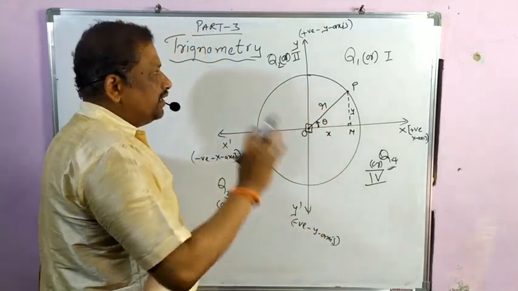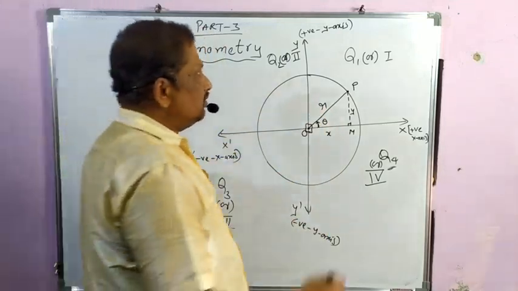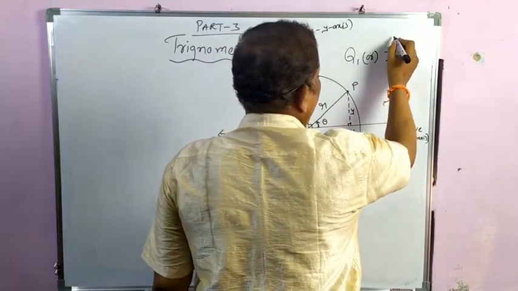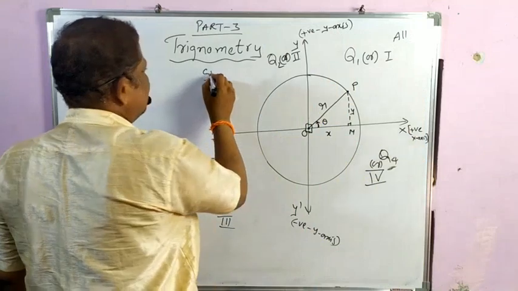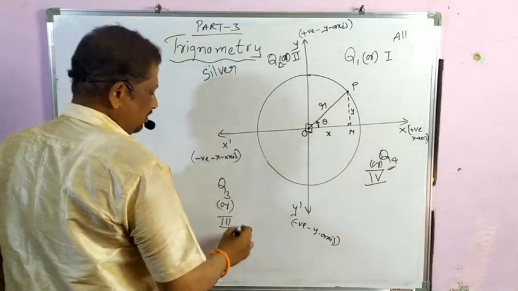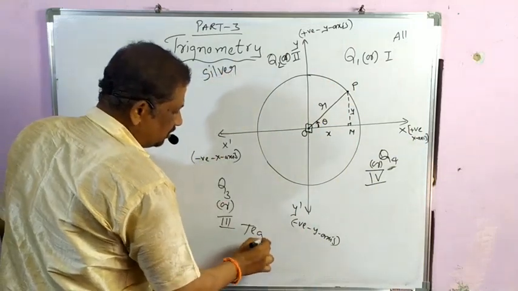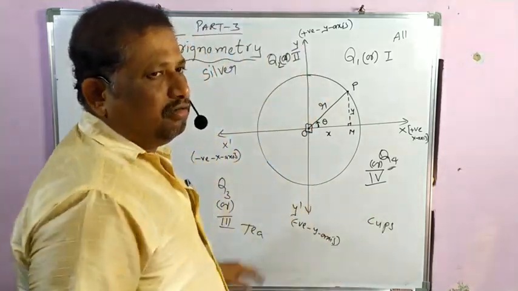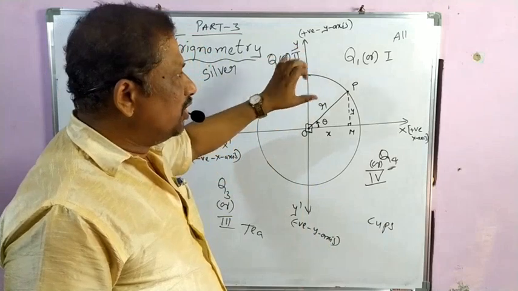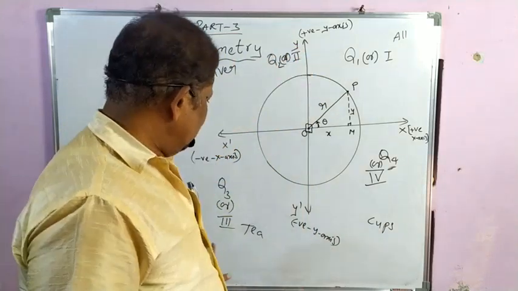Okay. So for all trigonometric ratios, you should remember this formula: all silver teacups. In your intermediate books and state books, we have this all silver teacups.